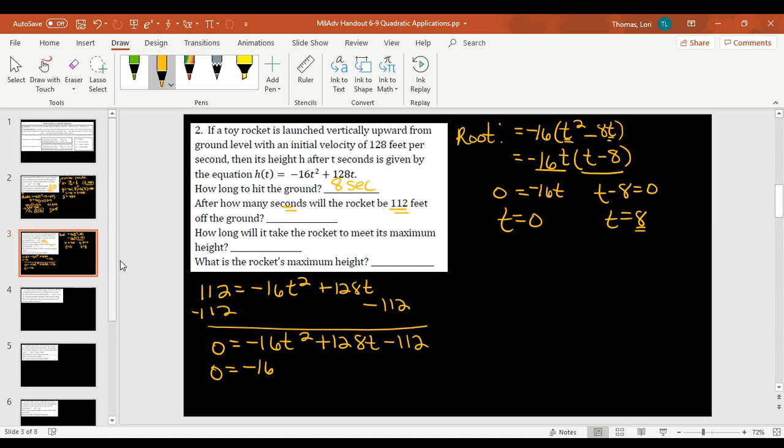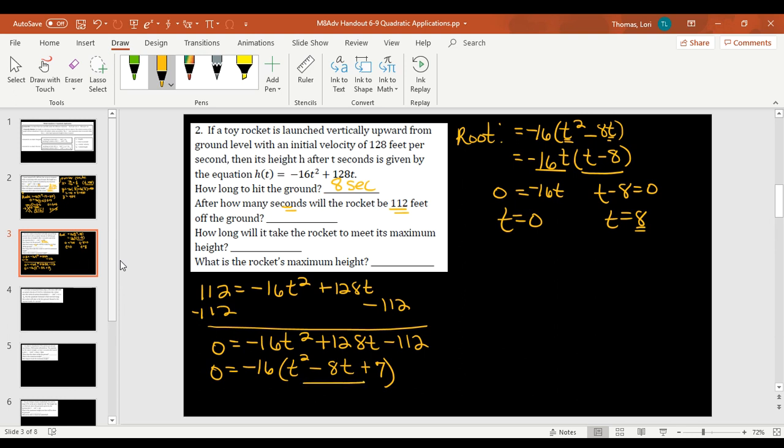This time I cannot factor out the t value because my constant does not have a t. So now we are left with t squared minus 8t, and then we're factoring out a negative from a negative, so that gives me a positive, and my calculator says 112 divided by 16 is 7.